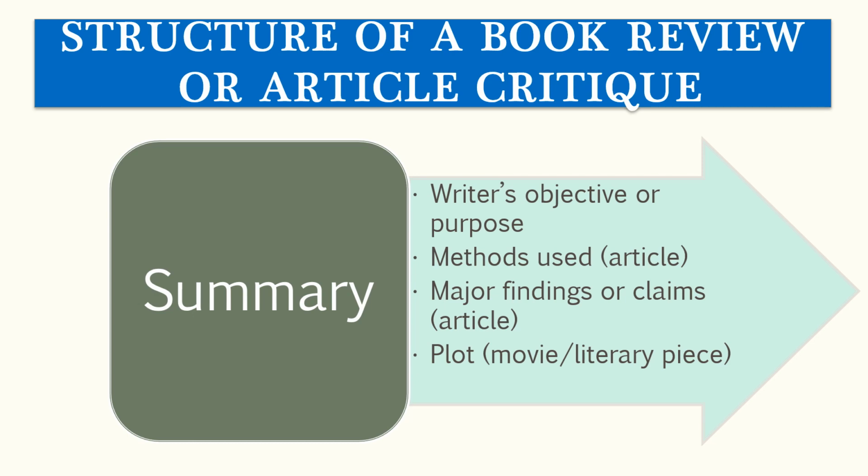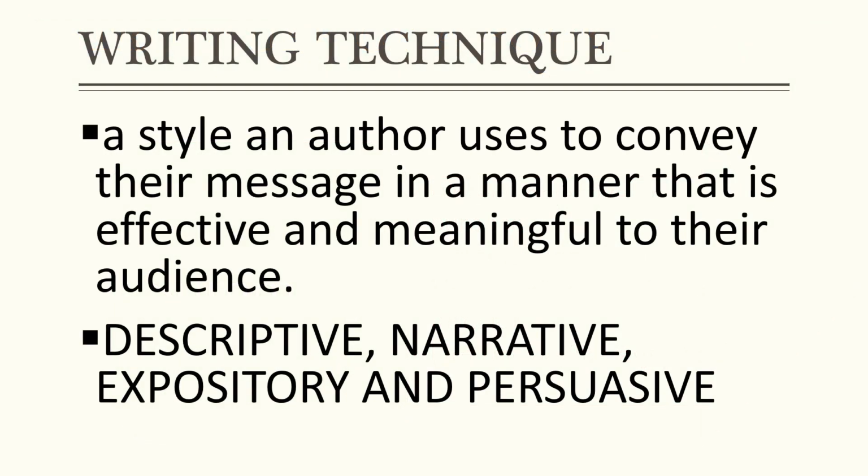Primarily these are the usual contents of the summary part, which is just 10% of the paper. For the styles and the techniques, you can just simply mention if it's a persuasive narrative and so on. Okay, so let me continue.